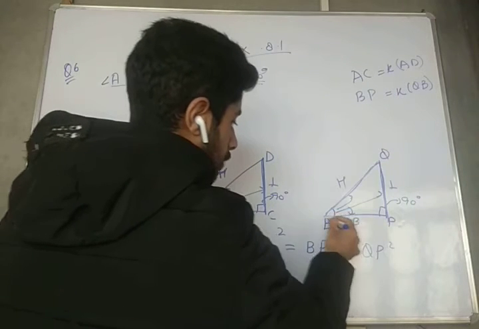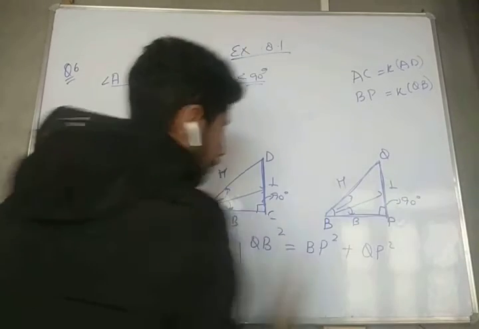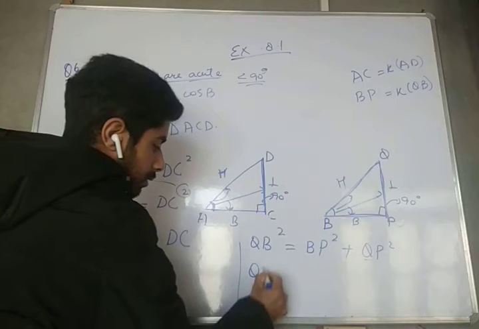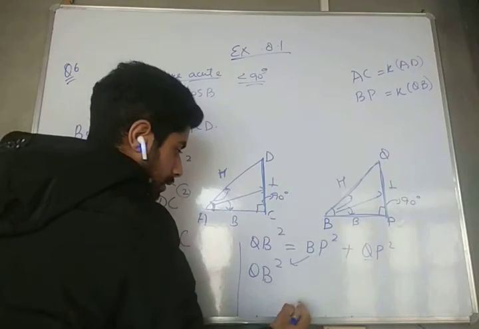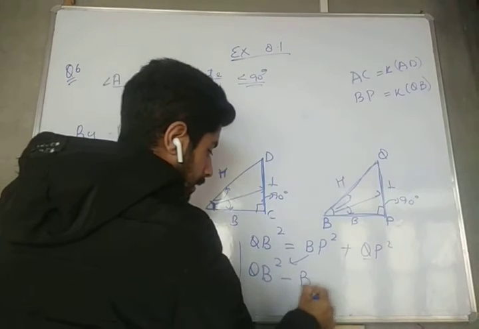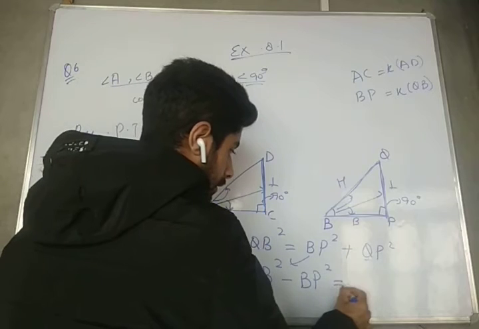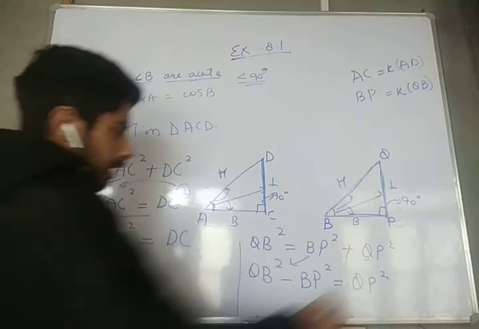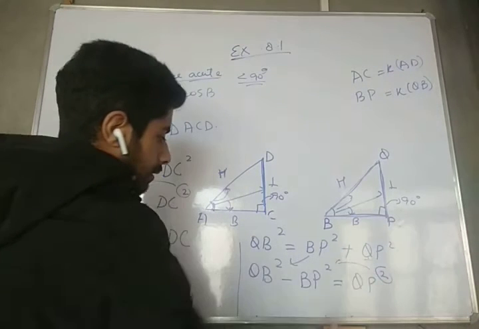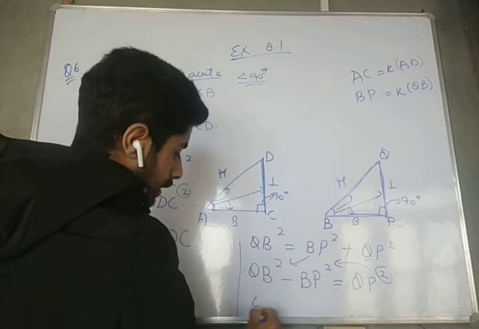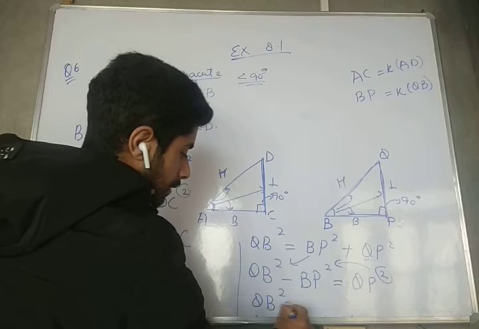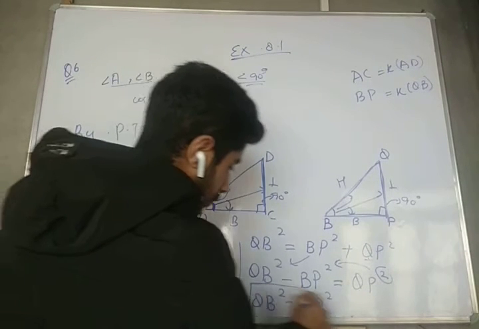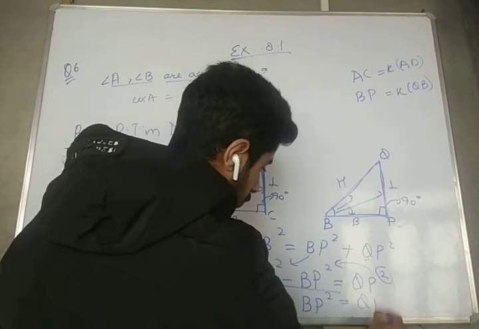Hypotenuse square is equal to base square plus this perpendicular square. Let's get this perpendicular from here also. It's QB square, take this to this side, minus BP square, it is equal to QP square. This square will be as root over this side. It's square root of QB square minus BP square is equal to QP.